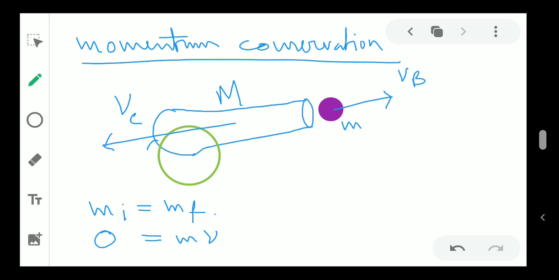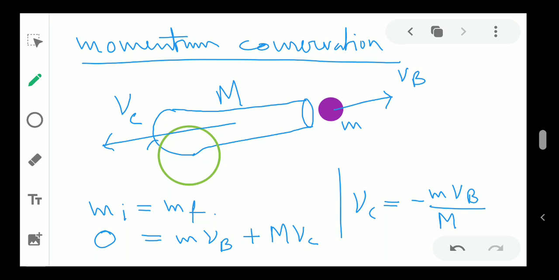m v_b, that is for the cannonball, plus big M and v_c. Now let's say I don't know the direction of the velocities, but this equation will give me that v_c is equal to minus m v_b by M. So you can see here the velocity of the cannon is in the opposite direction, because there is a minus sign with regard to the velocity of our cannonball.